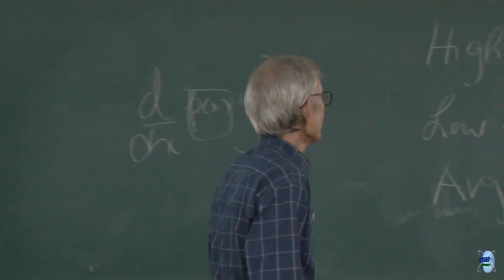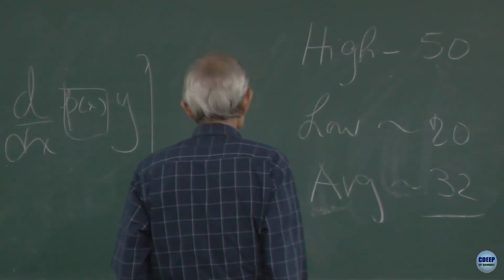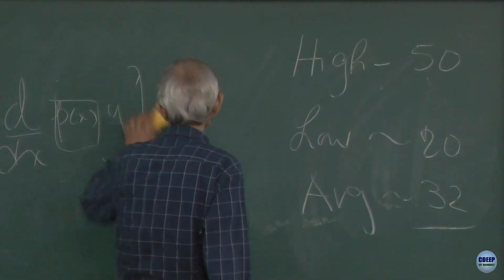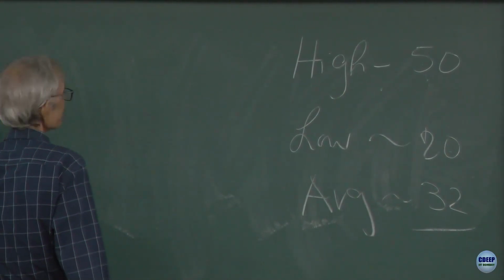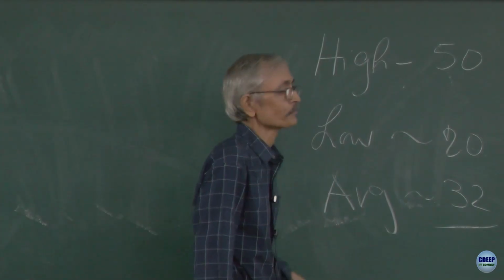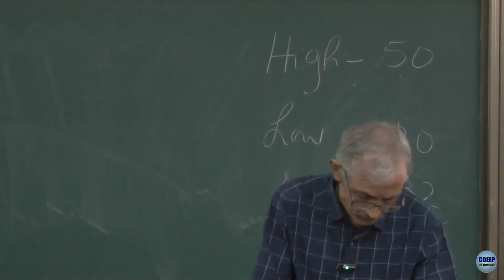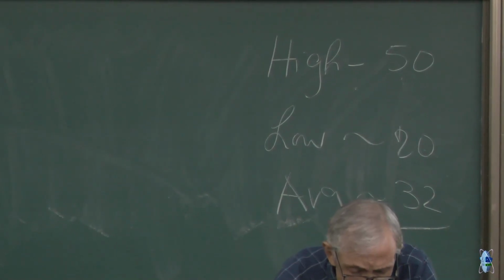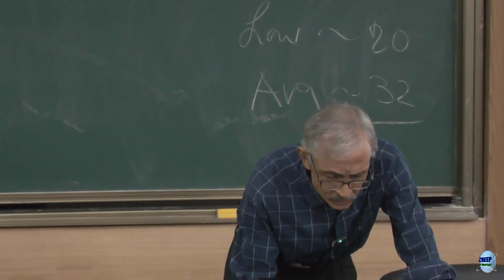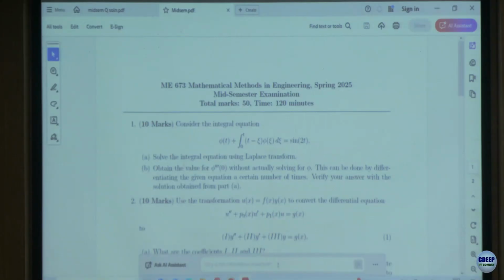Okay. There are certain comments I would make at the end, but as of now, let us just go ahead and look at the questions that were asked and the solutions associated with those questions.